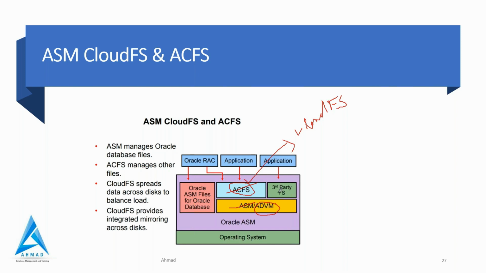Also, the application can use a third-party file system and ASM, or ADVM and Oracle ASM files for Oracle database. So this is the way you can configure ASM combinedly. So you can use multiple things for that.